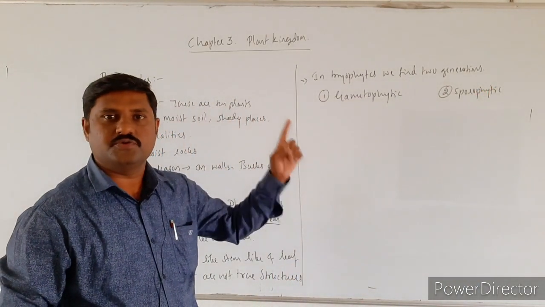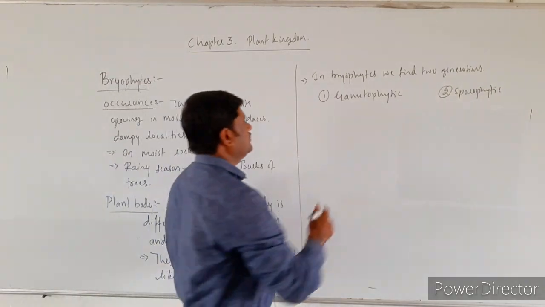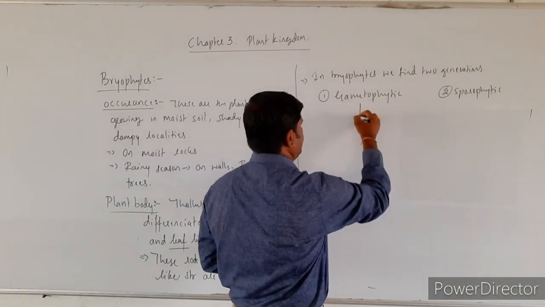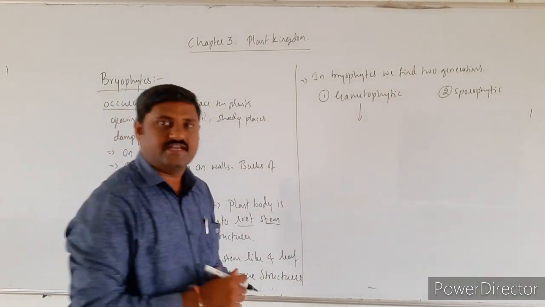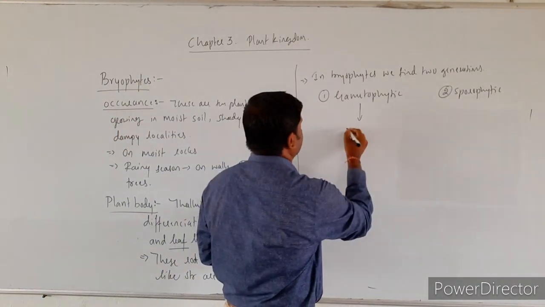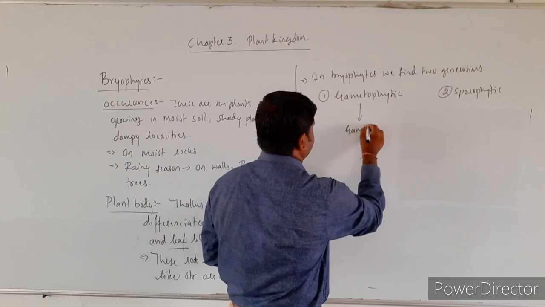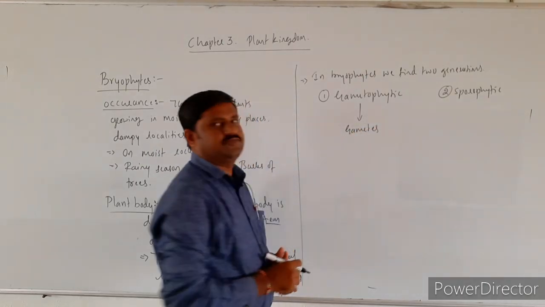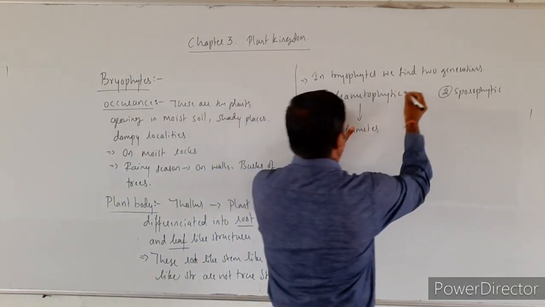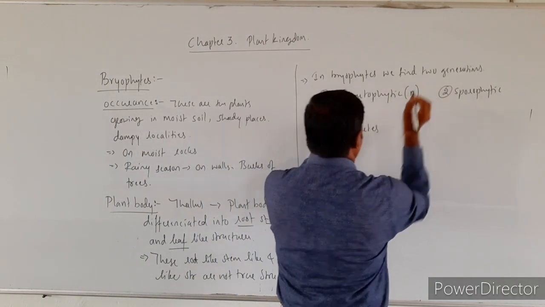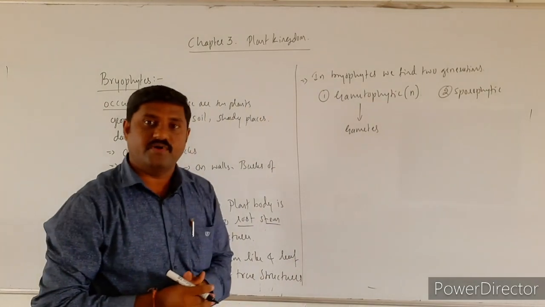Like this, there are two generations that we come across. One is gametophytic generation. As you know, this generation is responsible for the production of gametes, and this gametophyte is haploid in nature.